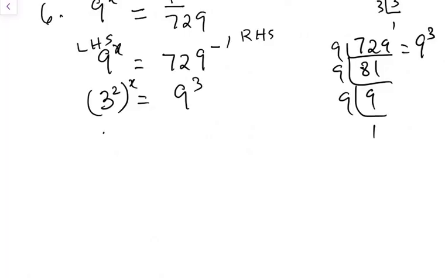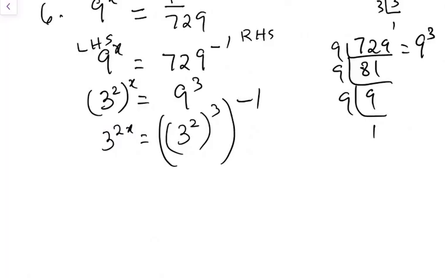We can take a step further by saying 3 raised to the power 2x, and this is 3 raised to the power 2 and 3, because 3 times 3 is 9. So don't forget, we still have our minus 1. So 3 raised to the power 2x will give us 3 raised to the power.